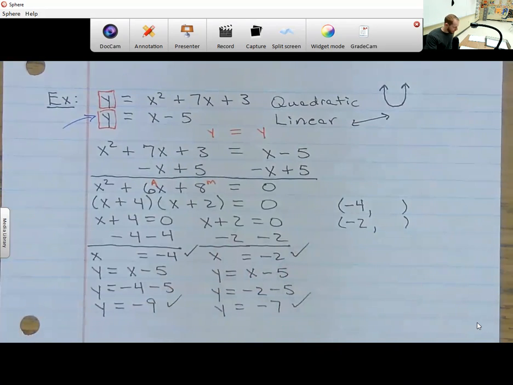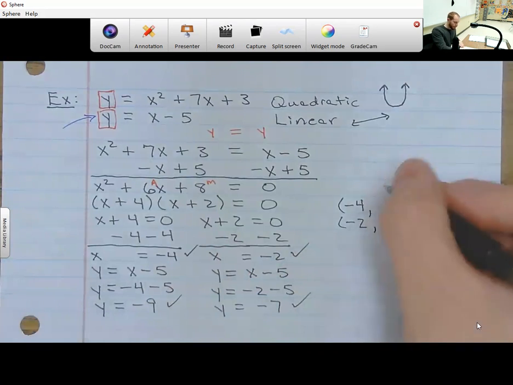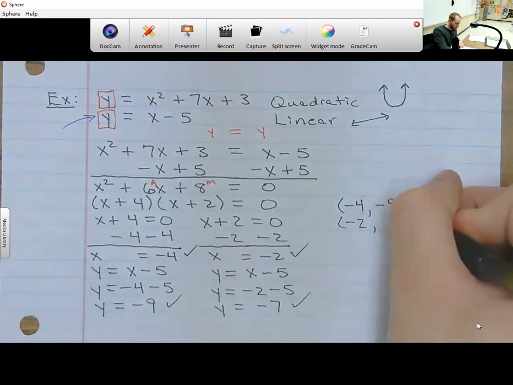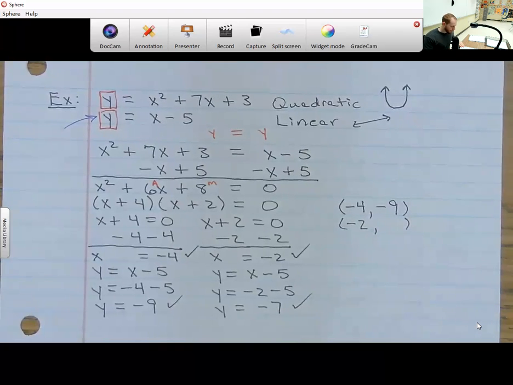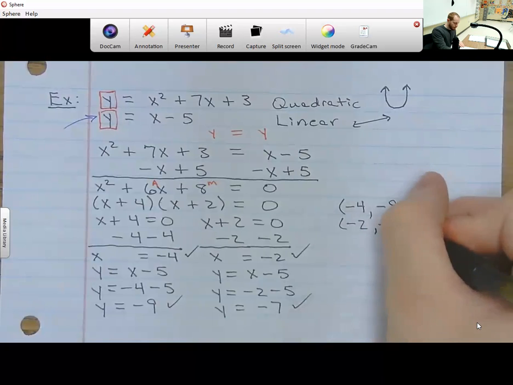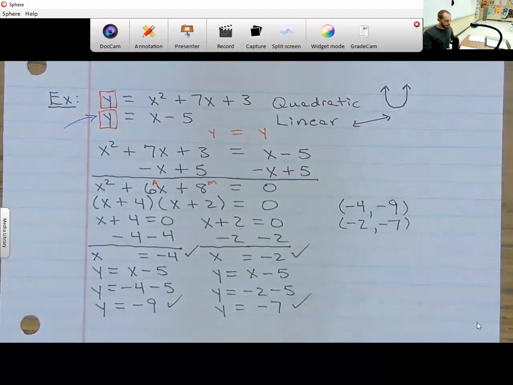Okay. So the negative 4 up here is going to go with the negative 9 down here. So I got to put the negative 9 next to the negative 4. So I fill in that ordered pair right here. And then for the last one, I'm going to have negative 7. And I'm done.